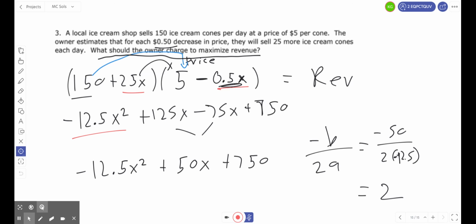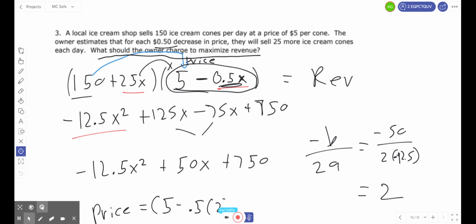So we know that they should charge x equals 2, but we have to go back to our expression for price. The best price is going to equal 5 minus 0.5 times 2, and that is 4. So the final answer is $4.